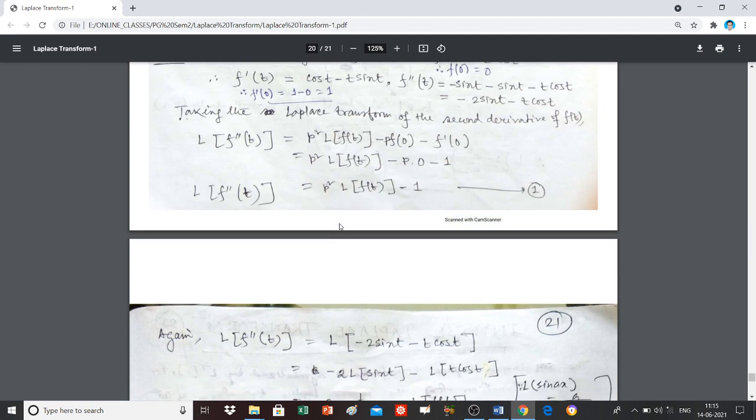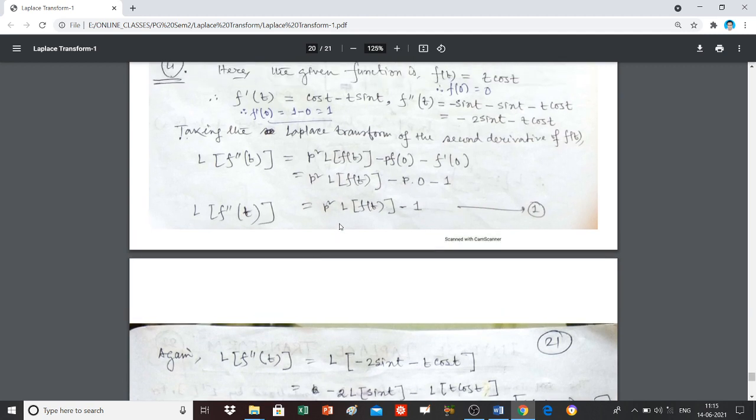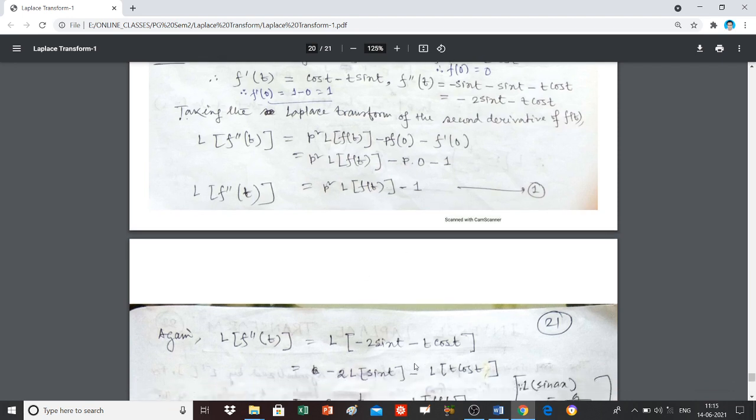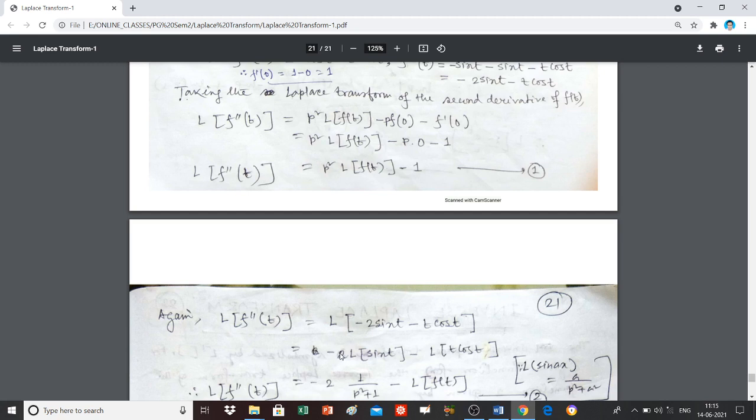Again, the Laplace transform of f''(t): we have already computed f''(t) is equal to minus 2 sin t minus t cos t. So the Laplace transform of f''(t) is equal to the Laplace transform of minus 2 sin t minus t cos t. That is equal to minus 2 times the Laplace transform of sin t, then minus the Laplace transform of t cos t.